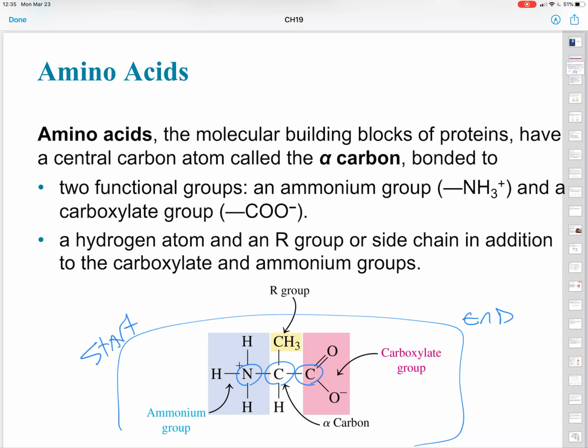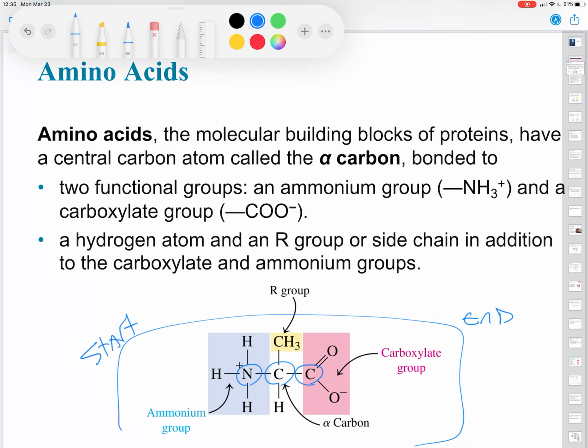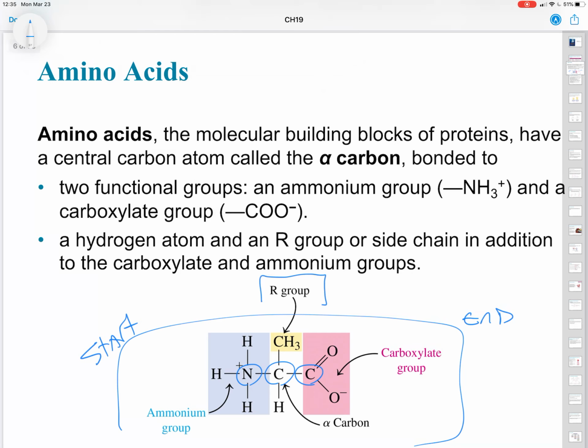Now there's also a side group called the R group, and this is the group that changes depending on which amino acid you're dealing with. So we're looking at a generic amino acid, and the amino acid in this case has a CH3 as the R group. Now this isn't the simplest amino acid, because we could just have an H there.